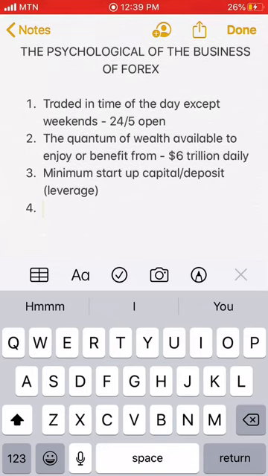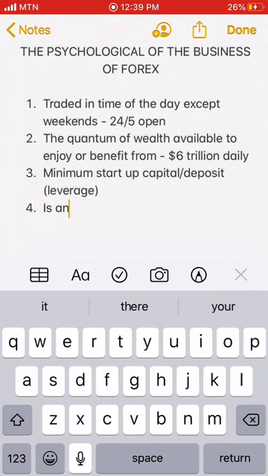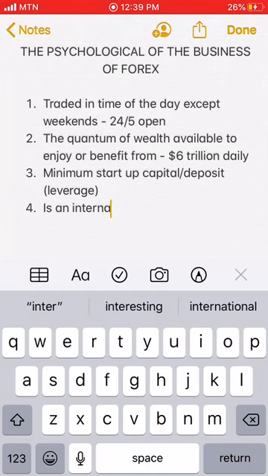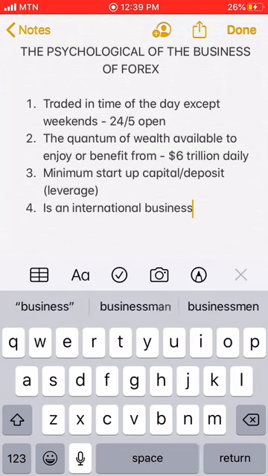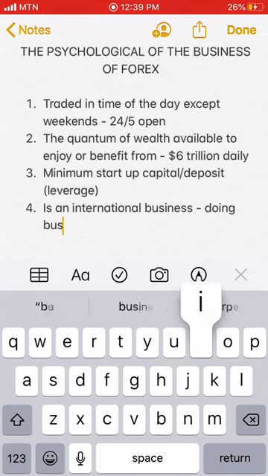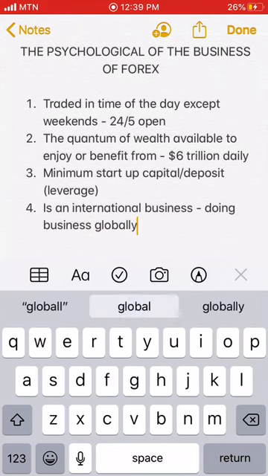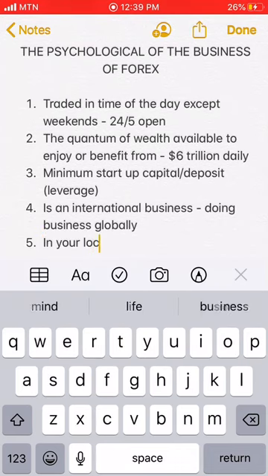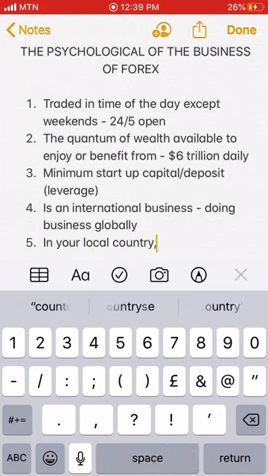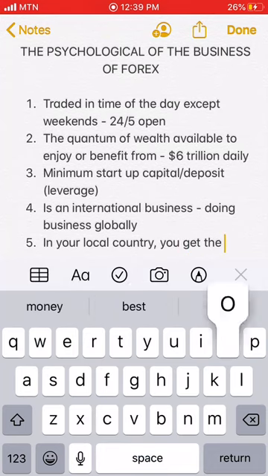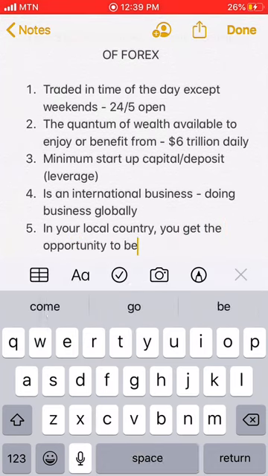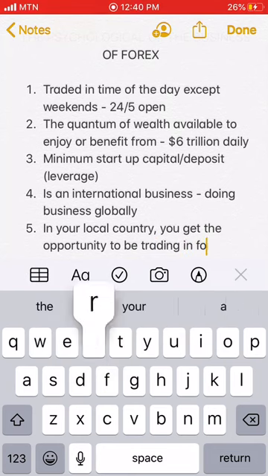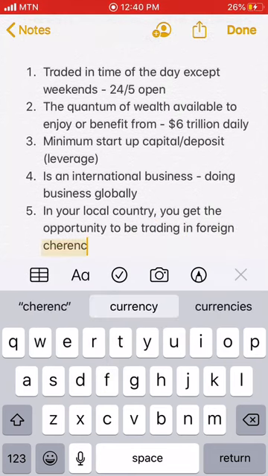And then number 4, this is my favorite part of the benefits of Forex. It's an international business, which means you'll be doing business globally. So especially for Africans, in your local country where you are, you get the opportunity to be trading in foreign currency.